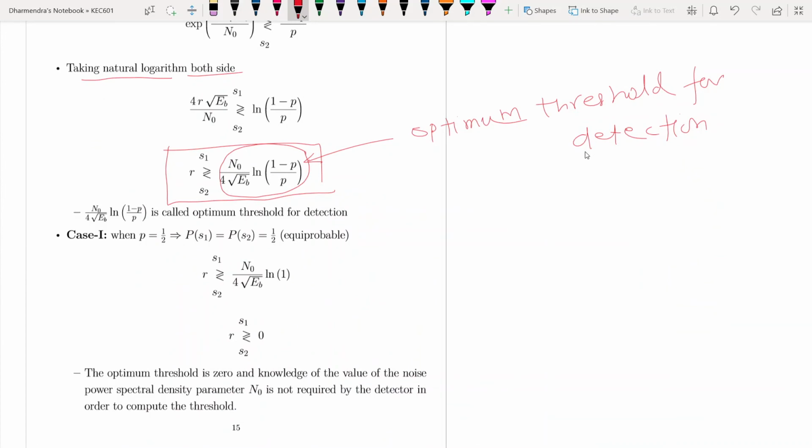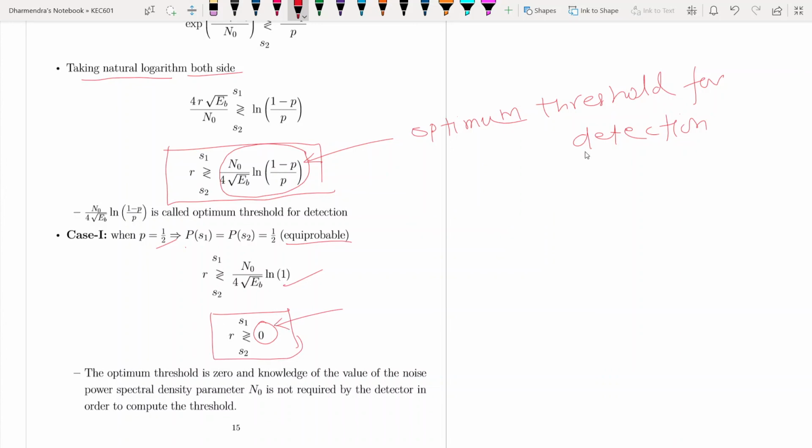Suppose we consider two cases: the equiprobable case and the non-equiprobable case. Equiprobable means small p should be half, which indicates that the prior probabilities corresponding to S1 and S2 will be half. If p is half, then 1 minus half is half, and half divided by half is 1. So log 1 is 0.